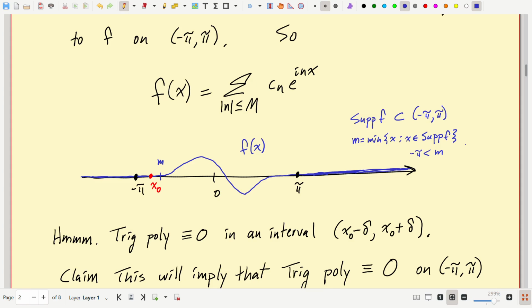Okay. That's the reason you can get it. So you can get an interval where it's identically 0 in a little minus delta, plus delta kind of thing. Okay. That's enough for today.